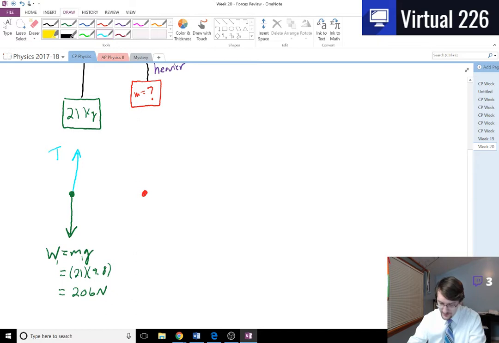Vertical tension. On the flip side of things, with our red mass, it has a weight acting down. That weight, once again, equals mass times gravity, but we don't know what the second object's mass is, so that's fine.